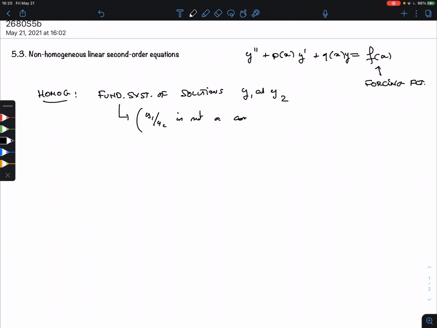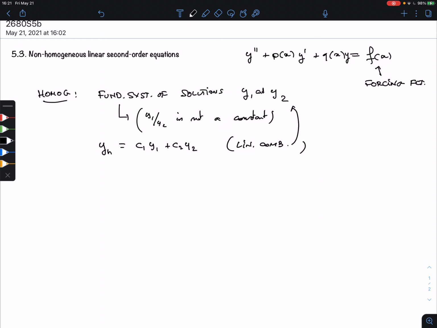They're not proportional; one is not a constant multiple of the other. Then we know that the general homogeneous solution, which I'm going to write with an h for homogeneous, looks like c1y1 plus c2y2, a linear combination for that fundamental system. And so any homogeneous solution looks like that.